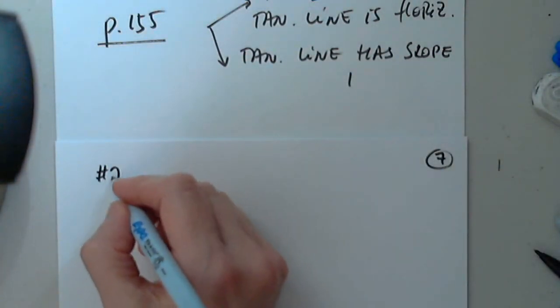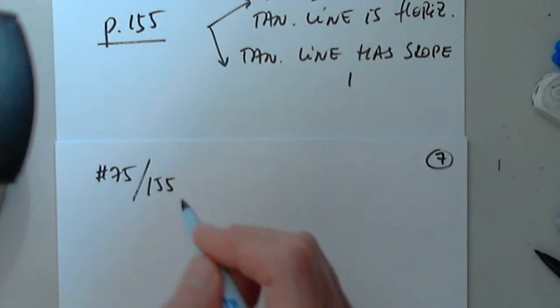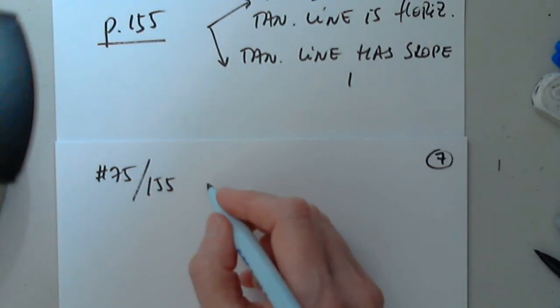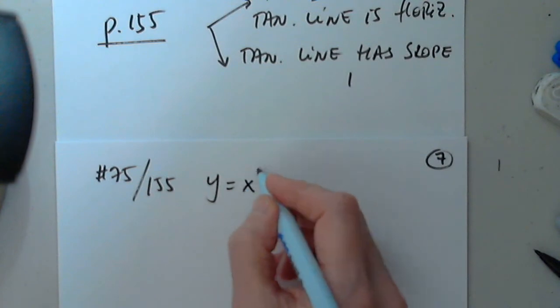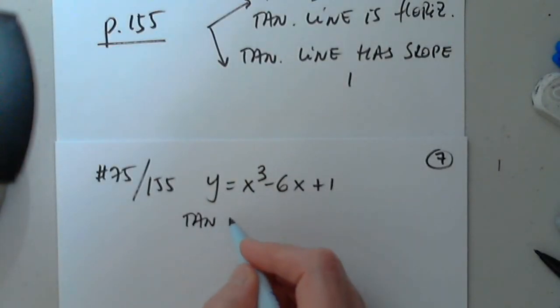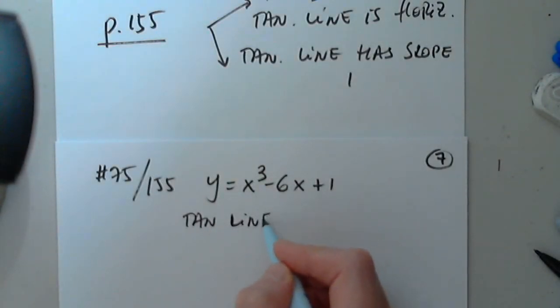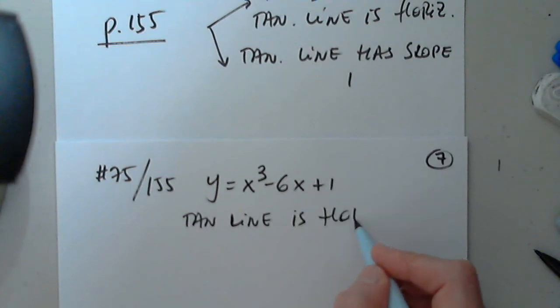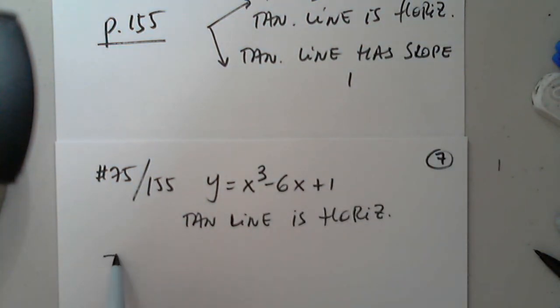Okay, so number 75 on page 155. y equals x cubed minus 6x plus 1. Where is the tangent line horizontal? So if a line is horizontal, what is its slope? 0. Perfect.